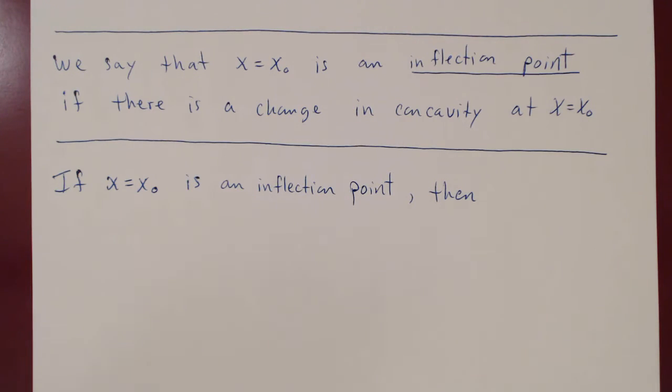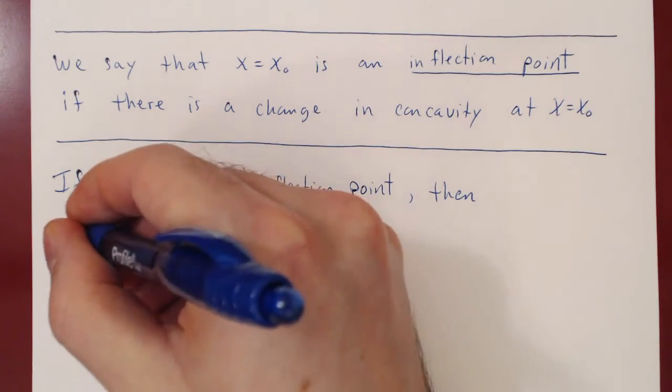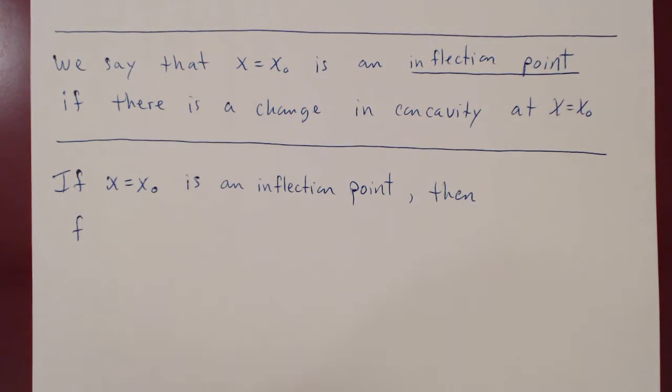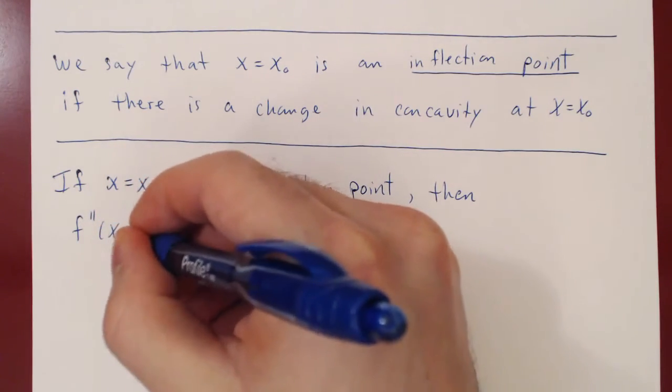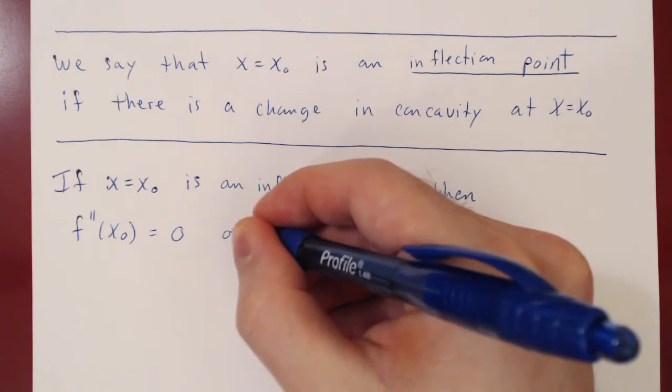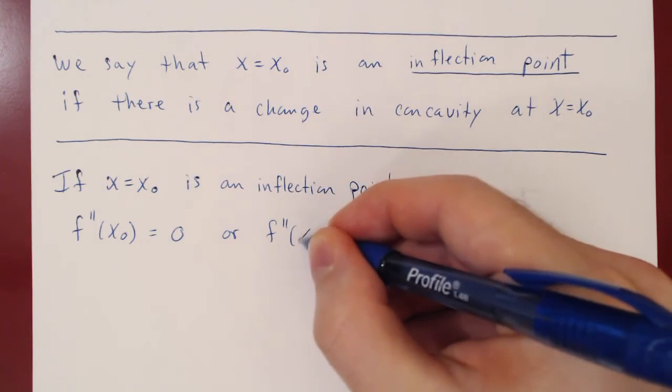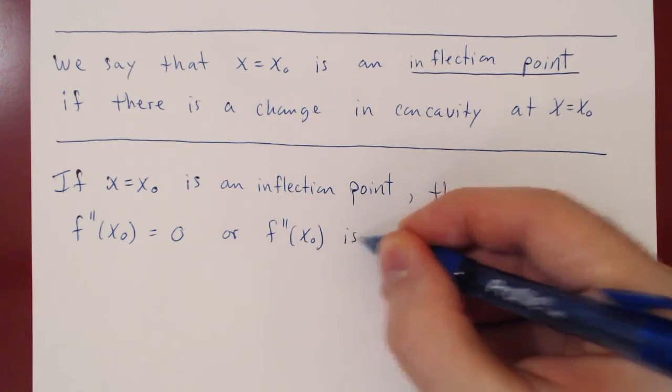So it has to be a point where the second derivative is 0 or undefined. Then either the second derivative at this point equals 0, or the second derivative at this point is undefined.